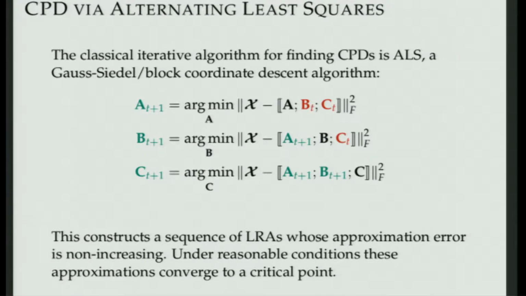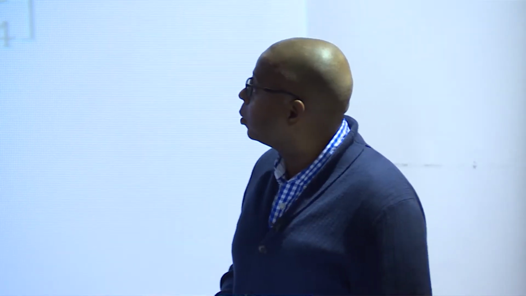So first you fix your old B and C and learn a better A. You fix your new A and your old C and learn a better B, and then you use your new A and B to learn a better C. So it's obvious that this has to give a sequence of low-rank approximations where the approximation error is at least non-increasing. And under some reasonable conditions, you can show that these approximations converge to a critical point of the objective. So you can't do better than a critical point in general, like finding a global optimum.